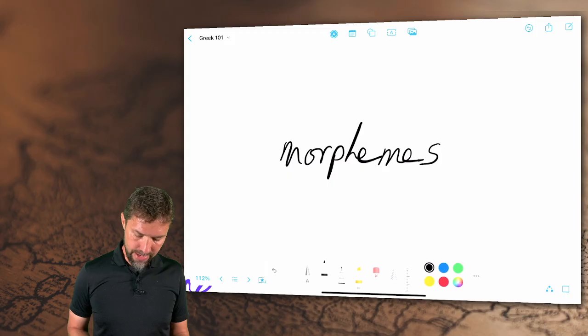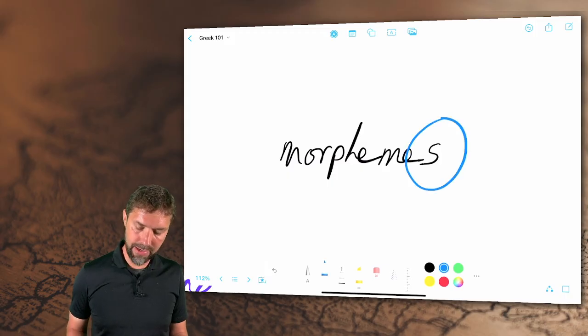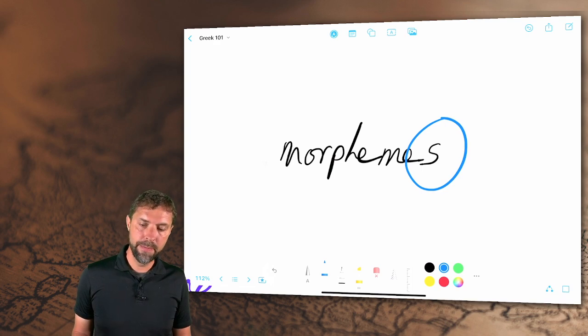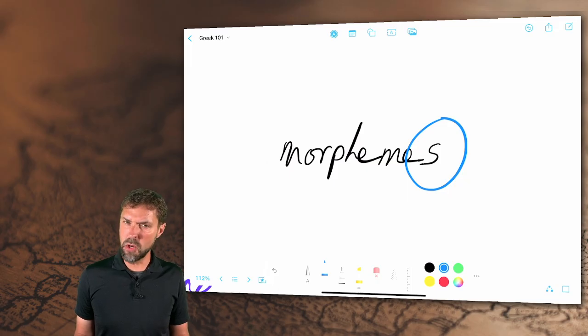That last bit, this little S right here in English, is itself a morpheme. It is a subunit of a word. And that subunit communicates something. In this case, I can put an S on most words. Truck, trucks. Hat, hats. Desk, desks. I put the S on it, and I've just turned it into a plural.